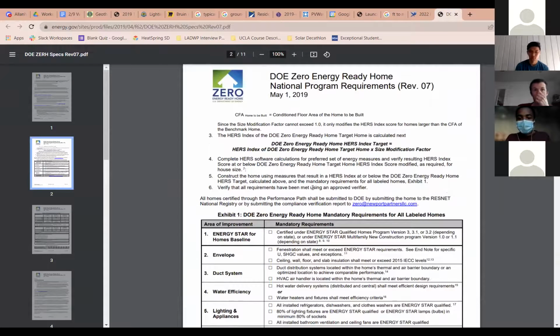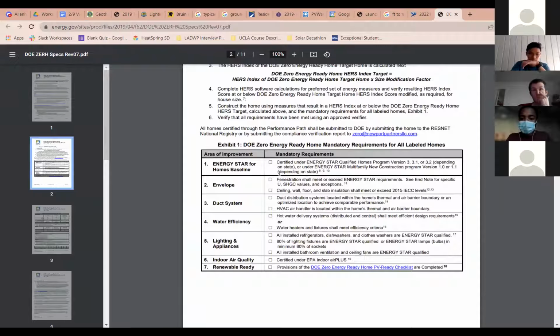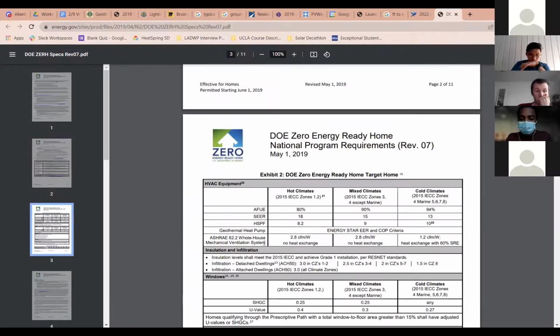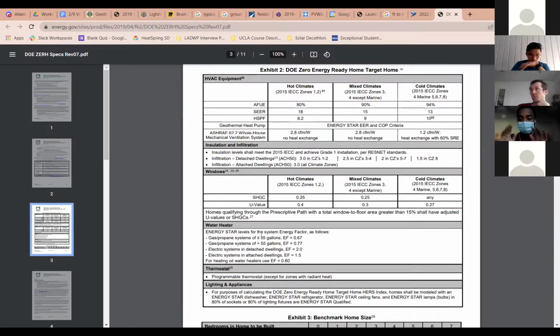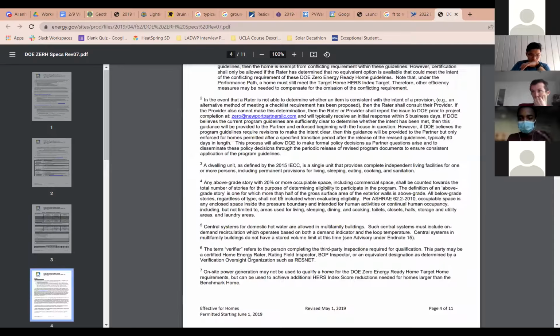They define certain areas and mandatory requirements for each of them, like the envelope, duct system, lighting, indoor air quality, etc. They give a lot of detail, with footnotes accompanying them going into the specifics.